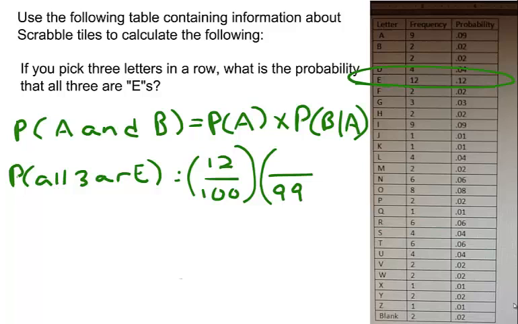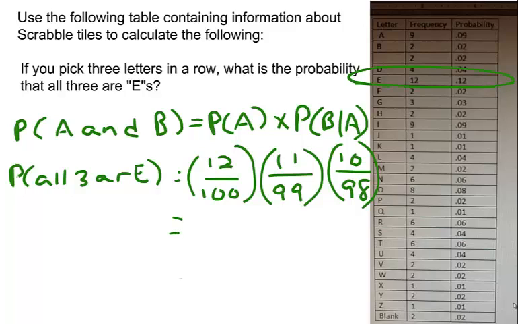Because one of the tiles was an E, there are 11 E's left. Assuming that the third tile we draw is also an E, there are now 98 tiles left in the bag, and 10 of those are going to be an E. So, it's the probability of E and E and E, all in a row.